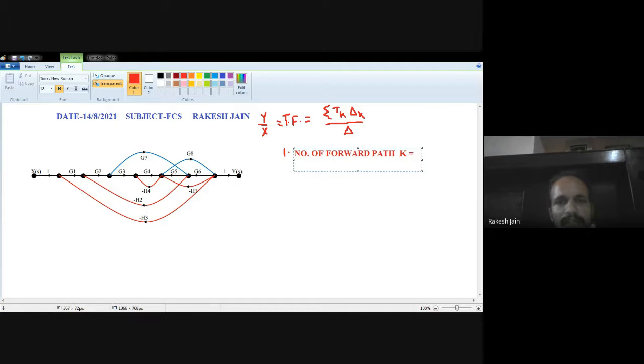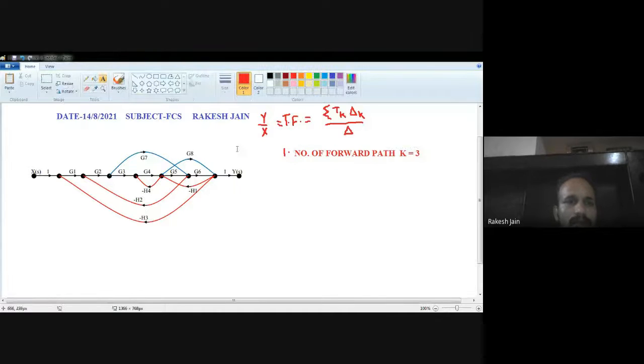So that will be G1, G2, G7, G6. The third path is G1, G2, G3, G4, then jump to G8. So there are actually three forward paths.